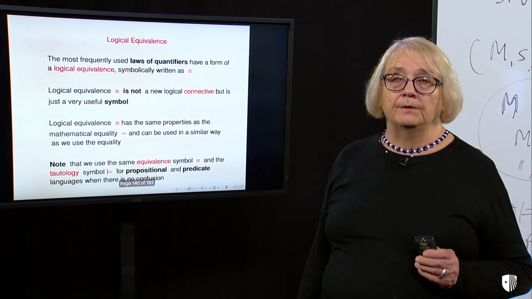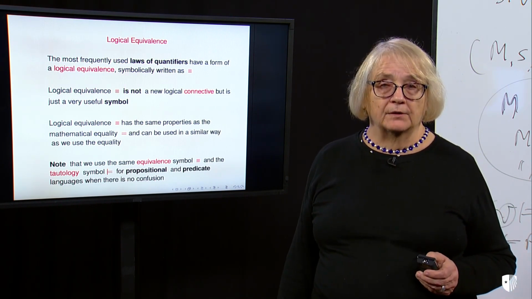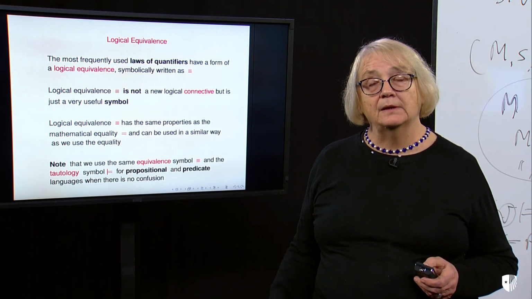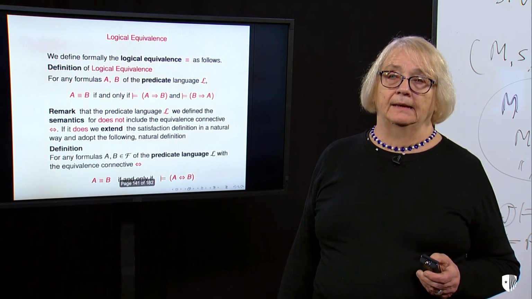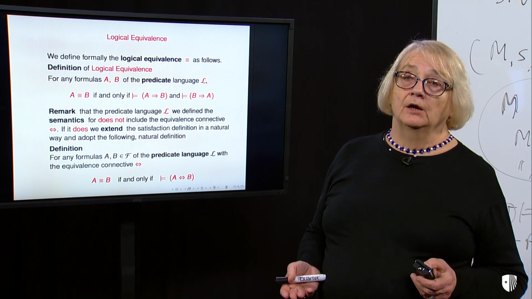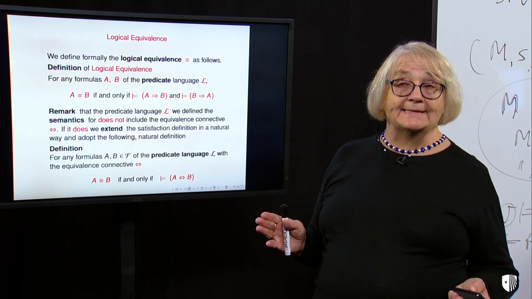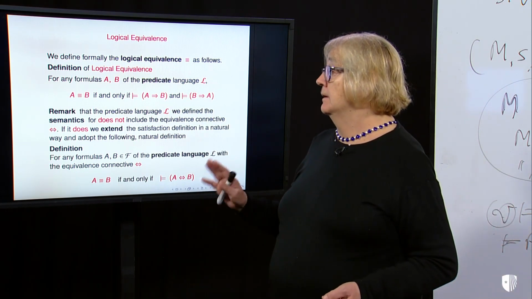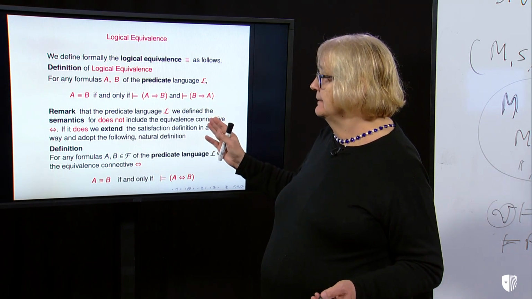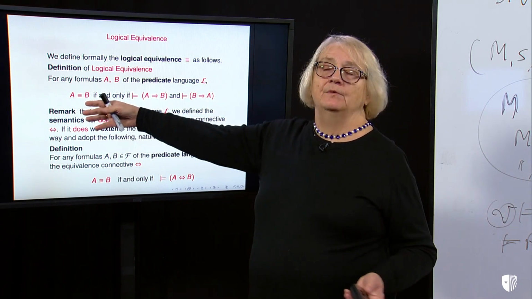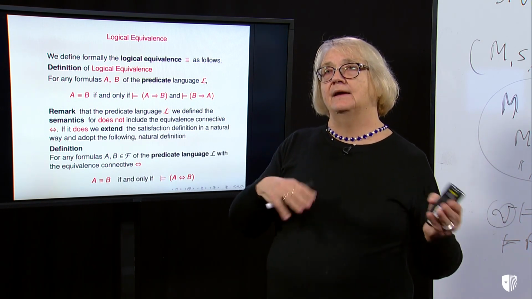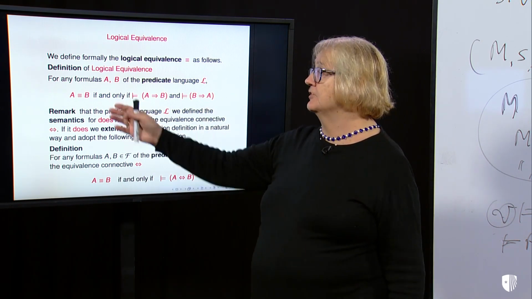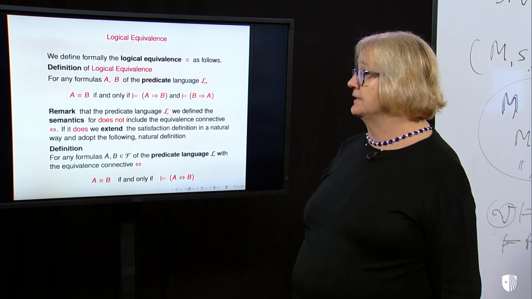And also an important part is the equational laws of quantifiers, and we defined logical equivalence. We define it like that because you can do it like all models of A are models of B, etc. This is a simpler definition.